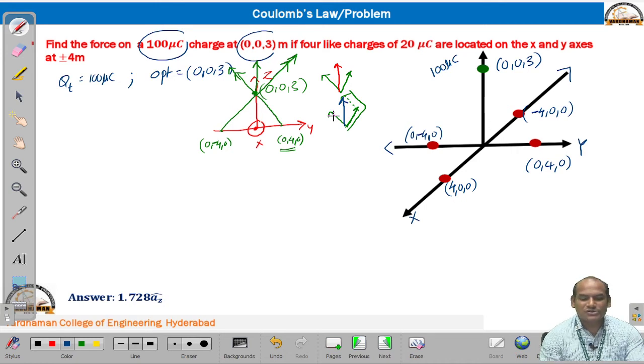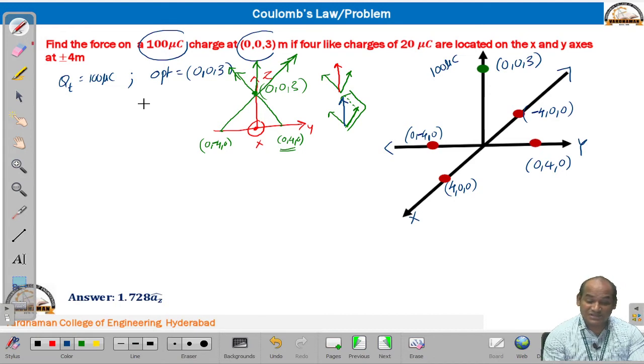So, what is the conclusion here? Without starting the calculation of the resultant force, here only we can conclude that the resultant force will have its direction only in the z direction. It does not have components in the x direction and y direction. Now, we will solve the problem, and we will get the same thing. We have seen that the observation point is at 0, 0, 3, that is on the z axis.